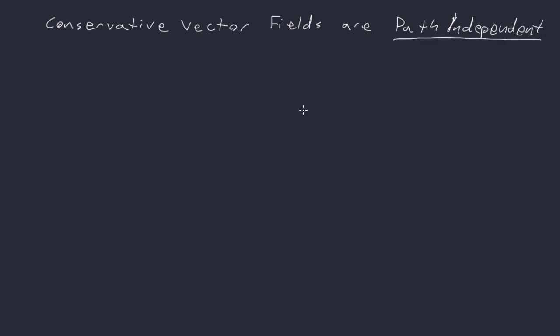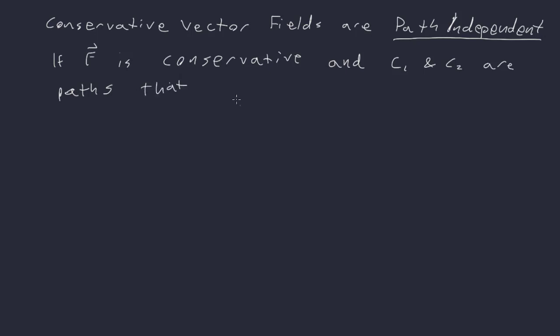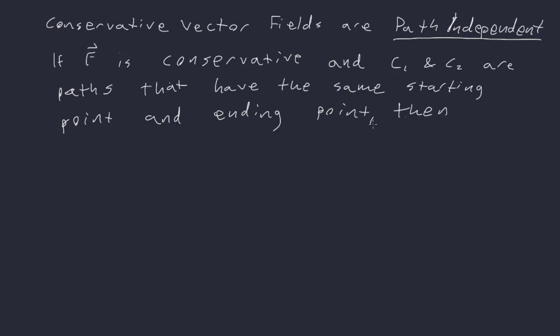And that's what we were talking about in the previous lesson: if f is conservative, and let's say C1 and C2 are paths that have the same starting point and ending point, then their circulation is the same over those paths.